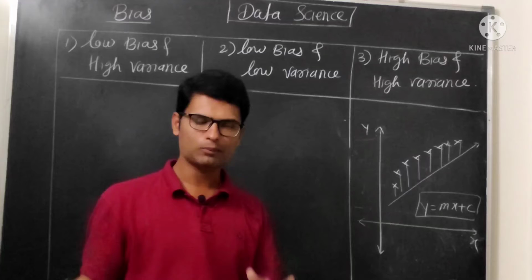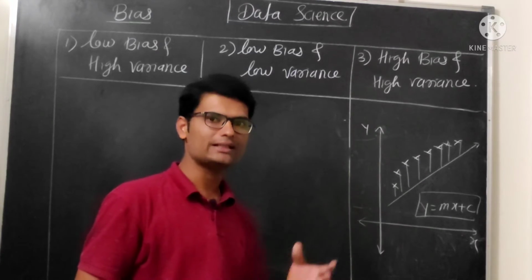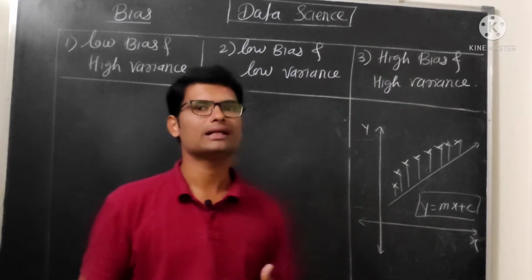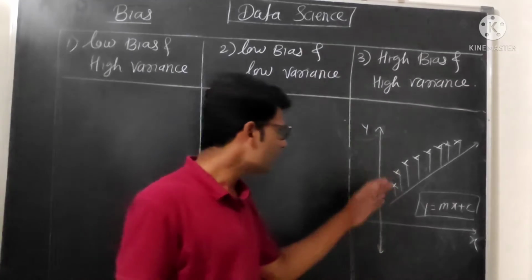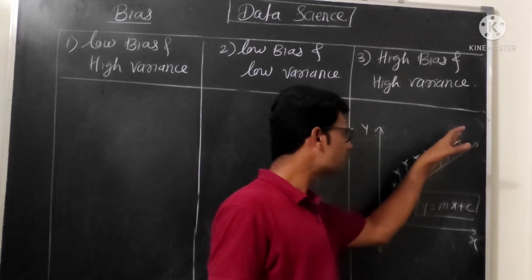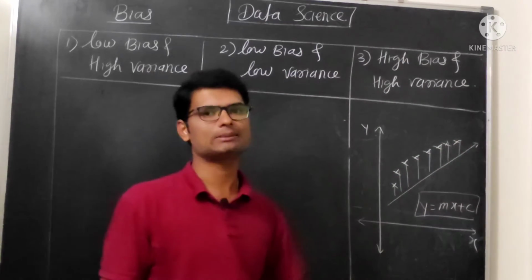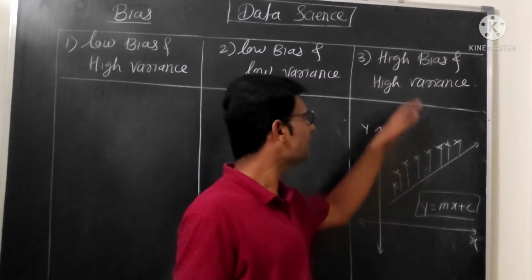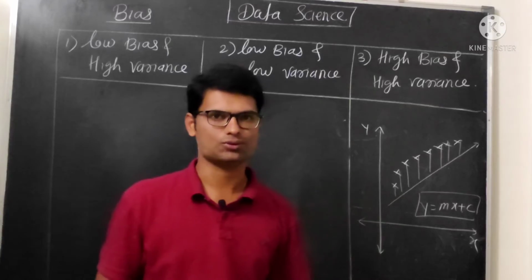What does training data mean? I have collected some points for training purposes because I want to fit a model. For this training data I have fitted this line, and I have seen that the points and this straight line have a large distance, or high variance. But for this training data, we call this high bias.